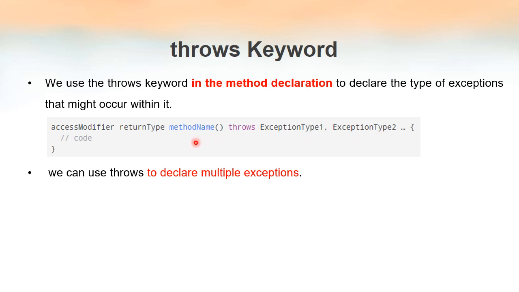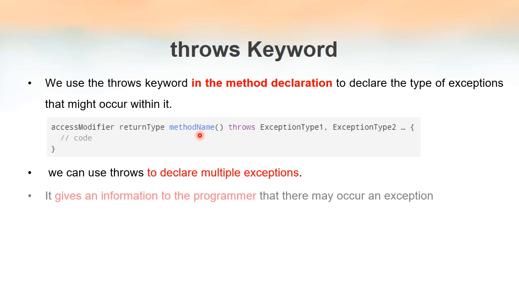This method is capable of throwing means the lines of code written inside this pair of curly brackets can generate any of these kinds of exceptions. That is the usage of the throws keyword, to mention the exceptions that a particular method can generate. So it gives information to the programmer.